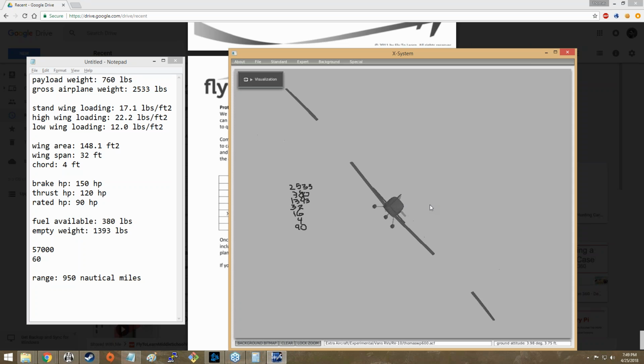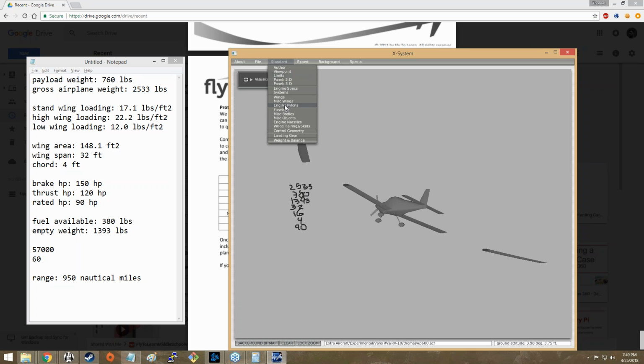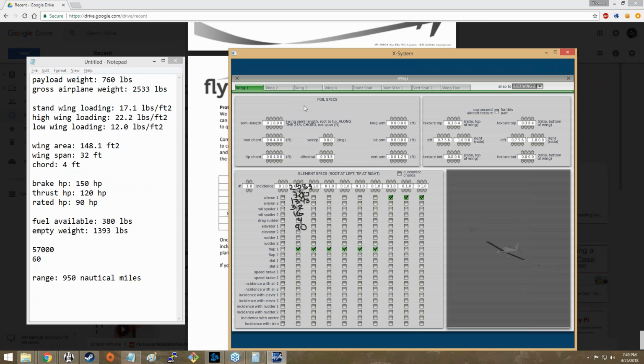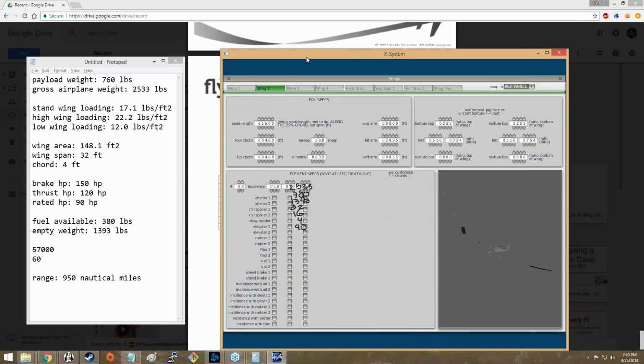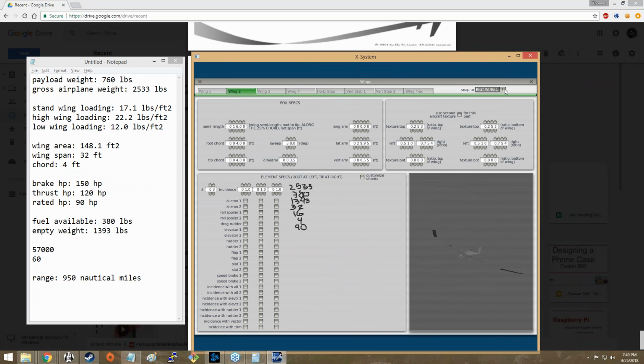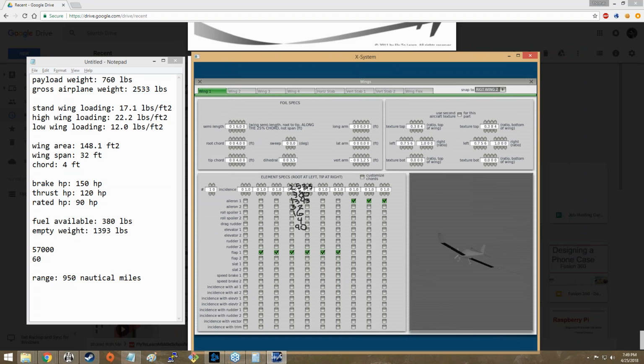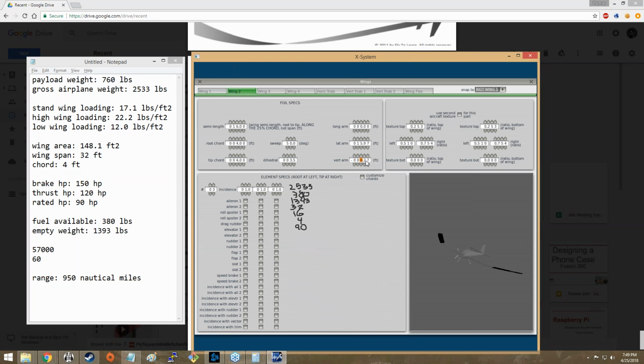That, in fact, makes it worse. All right, so if we change the vert arm to 2, no, we'll keep it at 0.